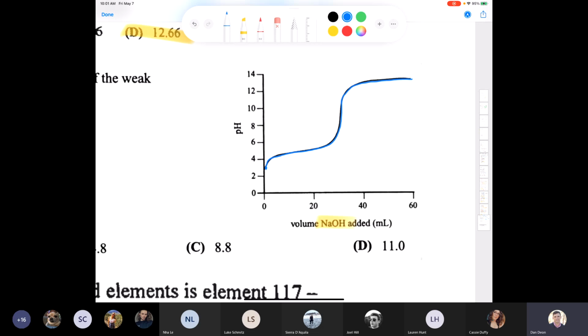Well, if I take a look at this, and I draw a line down from the equivalence point, which is around here, right? This is the equivalence point. Well, halfway through that line is around here, okay? This would be the 1/2 equivalence point.